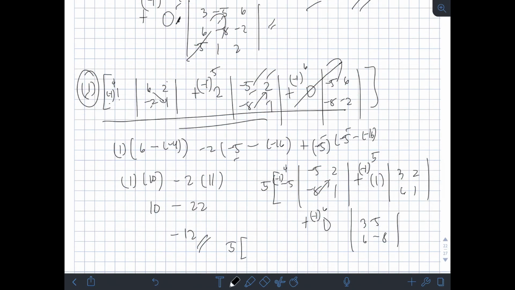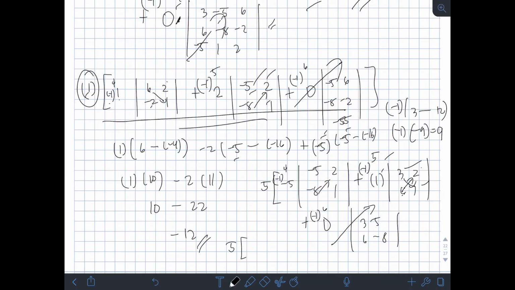So, negative 5 minus negative 16 is positive 11 times negative 5 is negative 55. And then itong negative 1 raised to the 5th is negative 1 times 1 is still negative 1 times determinant nito. So 3 times 1 is 3 minus 6 times 2 is 12. So 3 minus 12 is negative 9 times negative 1 is positive 9.